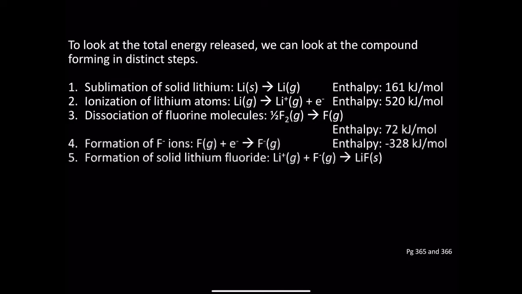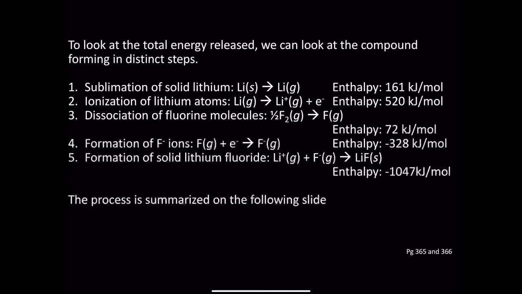And the formation of this solid, so now those two ions are finally coming together, is negative 1047 kilojoules per mole. And so if we add all of those up together, we get a very large negative number, which means that it's giving off a lot of energy, meaning that it's more likely to exist as the ionic lithium fluoride solid than as individual lithium and individual fluorine.